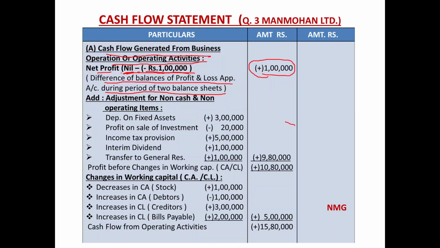Balance of current year nil minus balance of last year as given in the balance sheet, it was a loss. So minus is a sign for the loss, rupees 1 lakh. Nil minus minus becomes plus, nil plus rupees 1 lakh, that gives the profit of the year rupees 1 lakh.